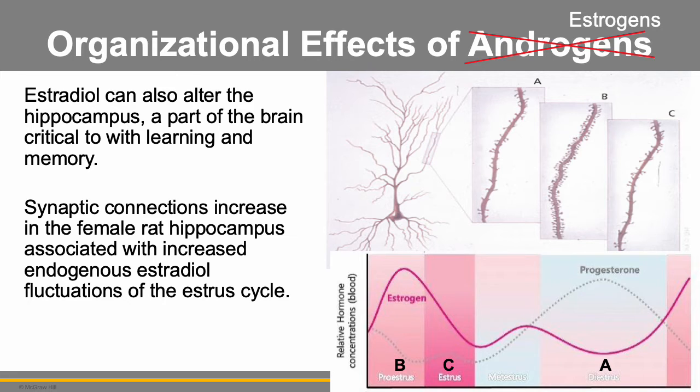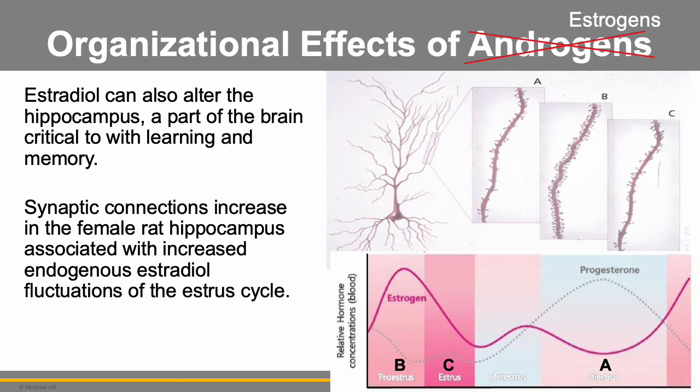And we can see, if you take a look at the close-up of one of our hippocampal neuron axons, A and C have a relatively fewer abundance of these axon terminals, these projections off of the axon, and these would be synapsing with other neurons.